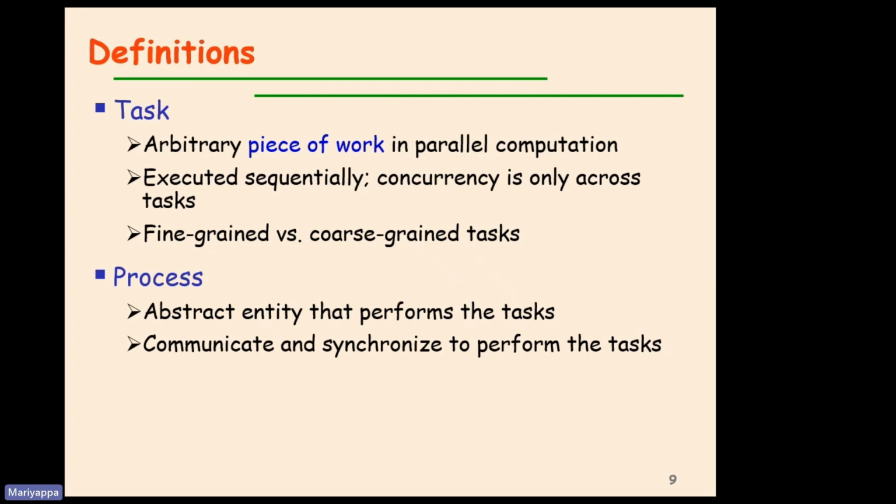These processes may need to communicate with other processes, may need to synchronize with other processes in order to get the task done. Because if these processes were independent, performing computations without interacting with each other, you would not really be solving one problem together. Some interaction is required, and that interaction is required.